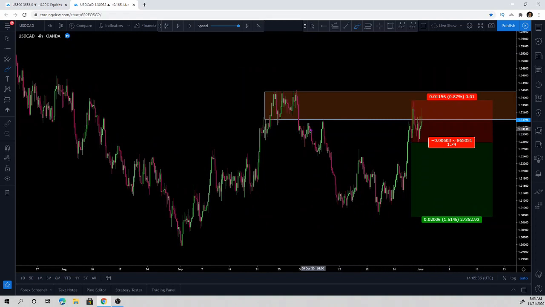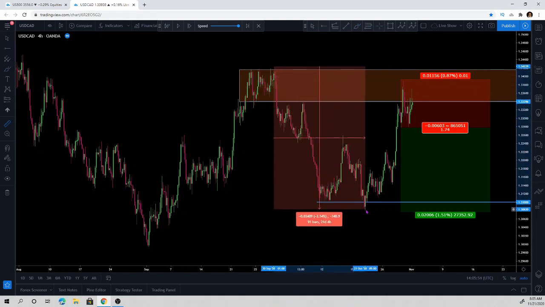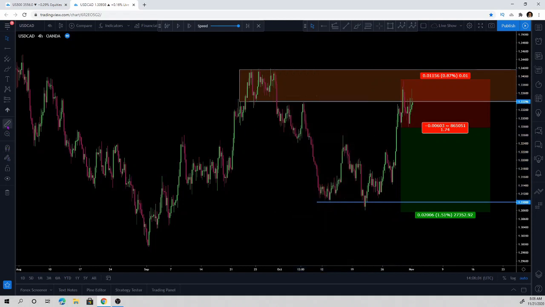Now, let's talk about targets. Why are we choosing this exact level? Because this is the level of support where we saw buyers jump in right here. Again, let's calculate the move from the top to the bottom. We're talking about a 334 pip move to the downside, on a very strong bearish move.